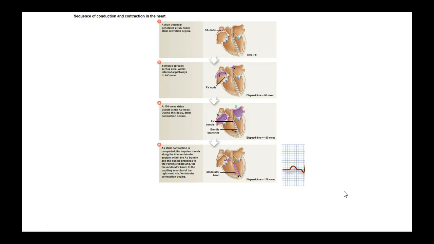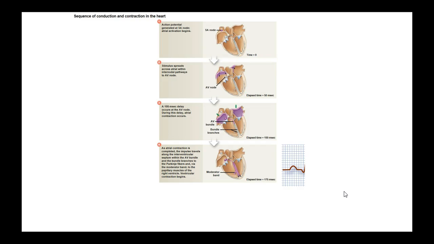So here we're starting to depolarize in here, and we're starting to pick up because a lot of that tissue is being depolarized enough such that we can pick it up on the instrument. Okay? So here we're starting with the depolarization of the ventricles, starting there in the interventricular septum. All right?